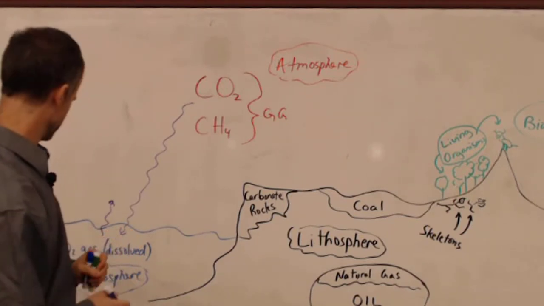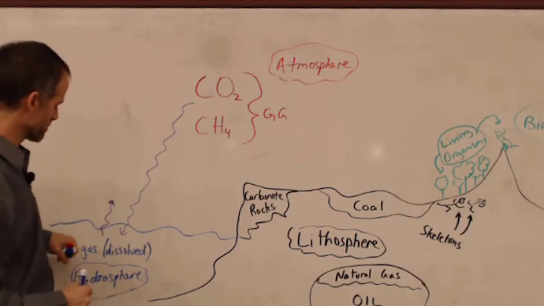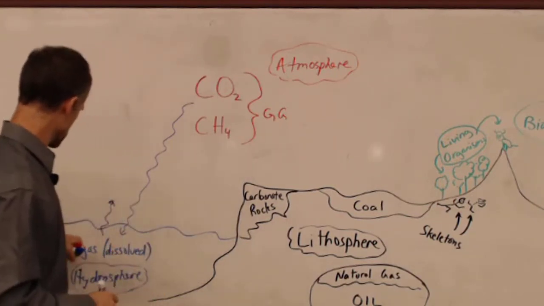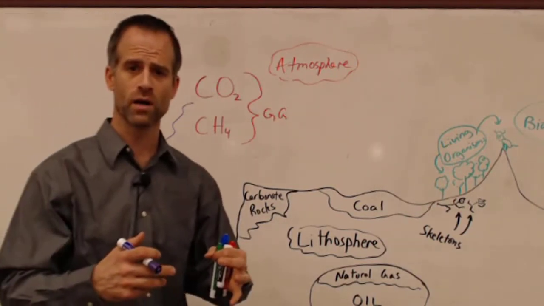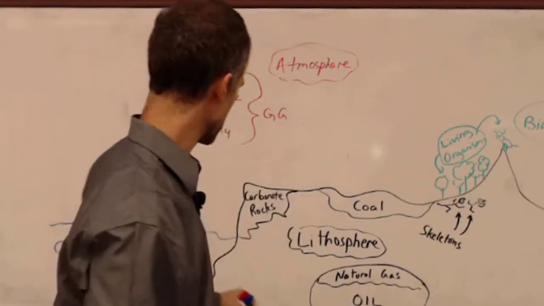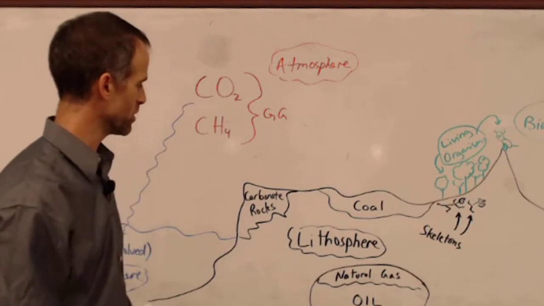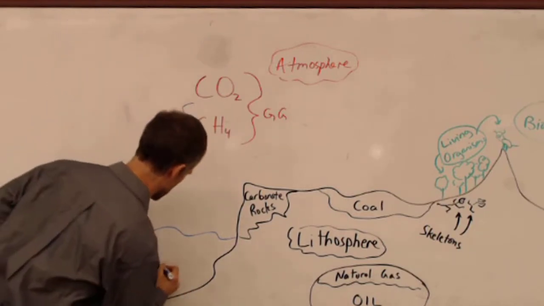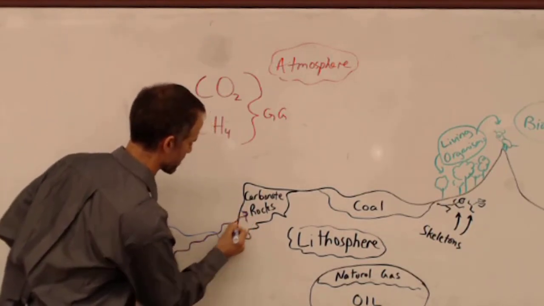How does carbon go from here into rocks? Well, carbon can form mineral rocks and settle to the bottom of the ocean, and we'll end up with carbonate rocks along the bottom. So from the hydrosphere, we can have carbonate rocks.